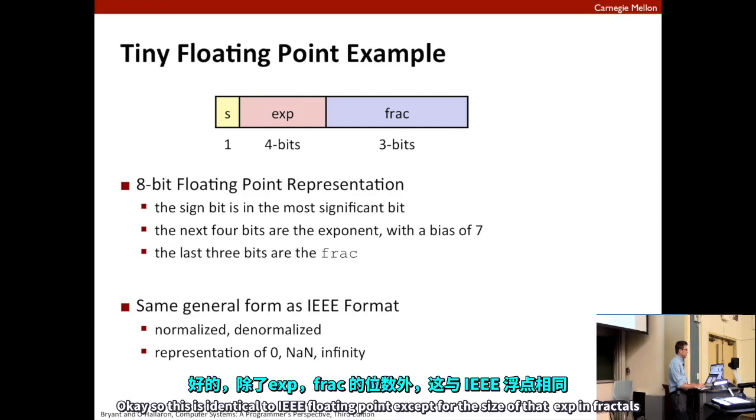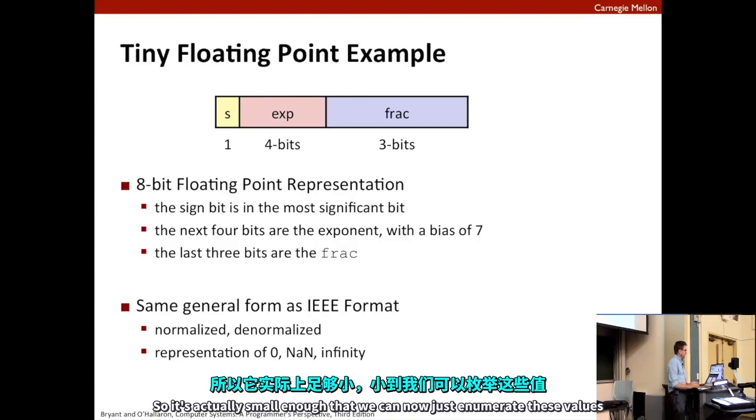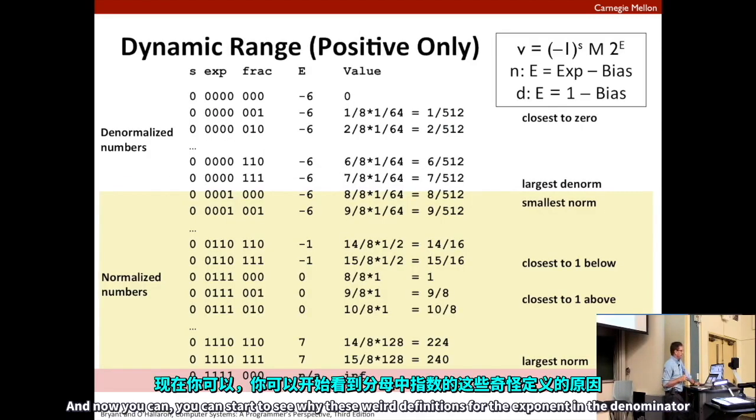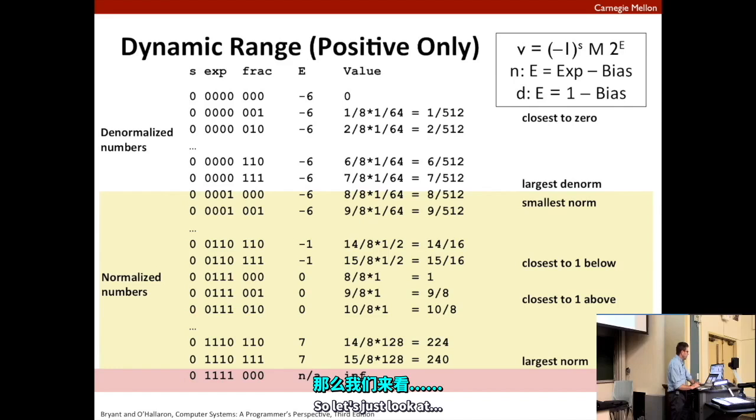Okay, so this is identical to IEEE floating point except for the size of the exp and frac fields. So it's actually small enough that we can now just enumerate these values, and now you can start to see why these weird definitions for the exponent in denorms and normalized numbers.